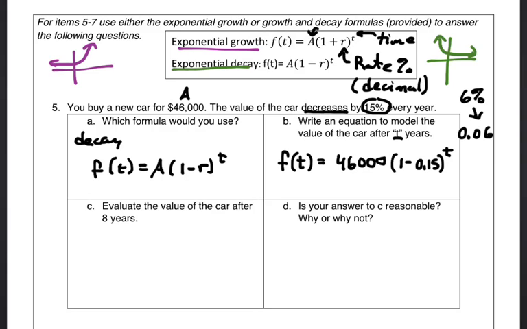And then we can actually simplify this a little bit because you can subtract 0.15 from 1. So if I go 1 minus 0.15, I'm going to get 0.85 to the t.